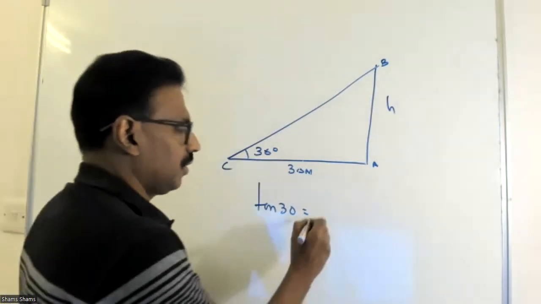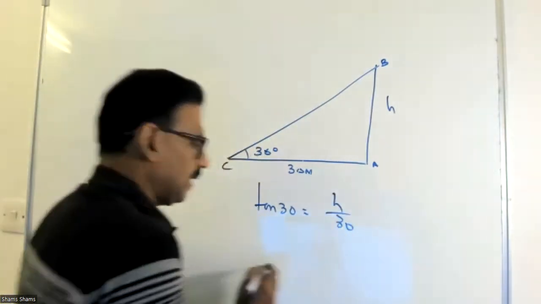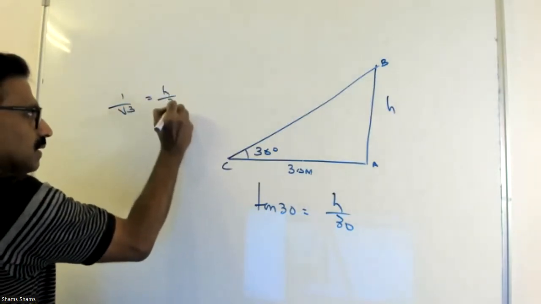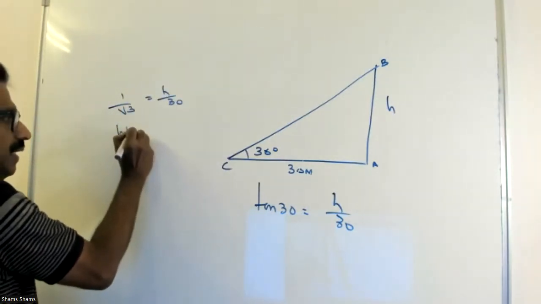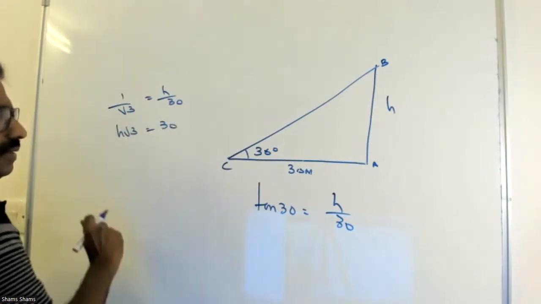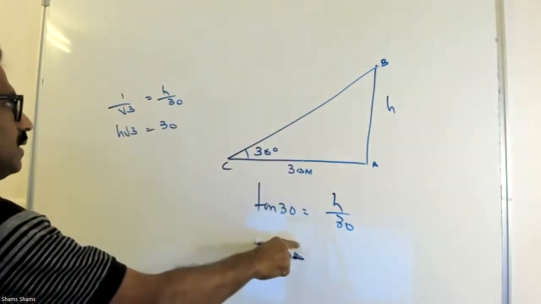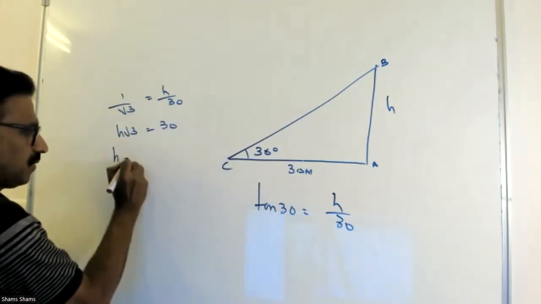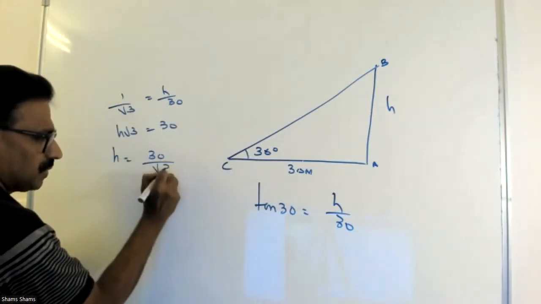Okay, tan 30 equals H by 30. Tan 30 is 1 by root 3, equal to H by 30. So 30 equals H root 3, H equals 30 divided by root 3.